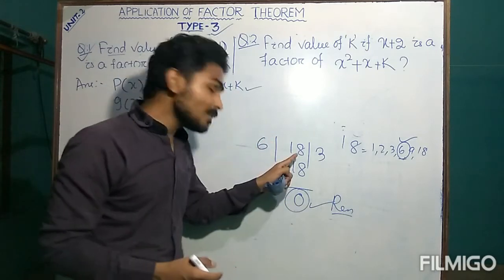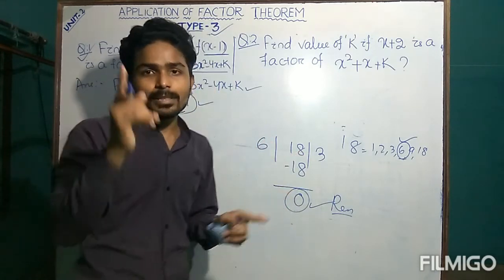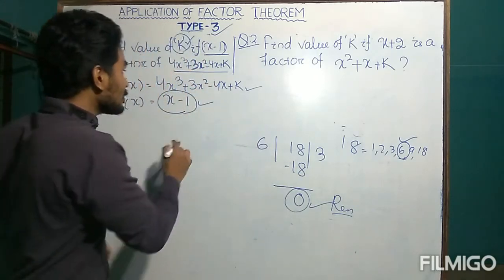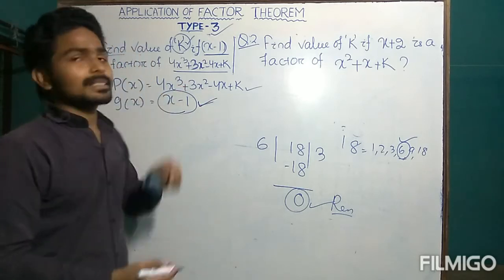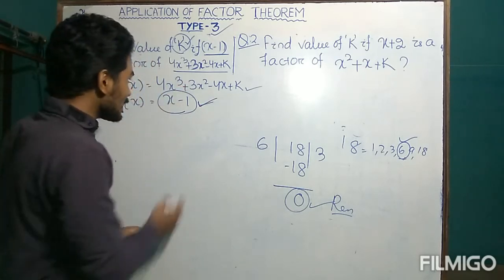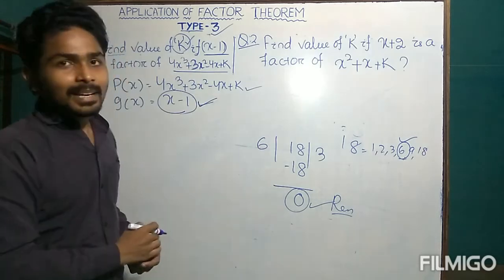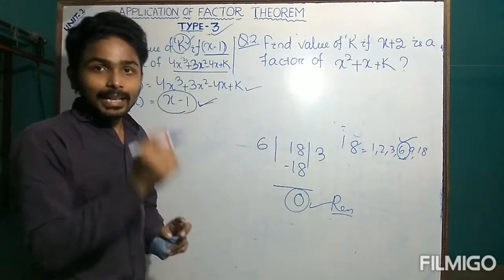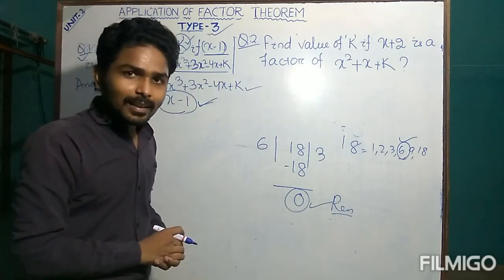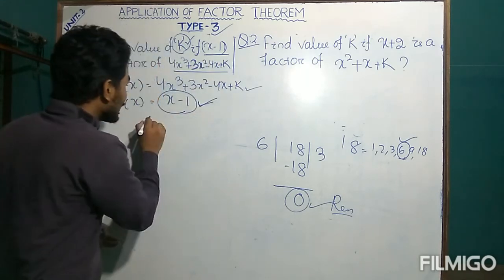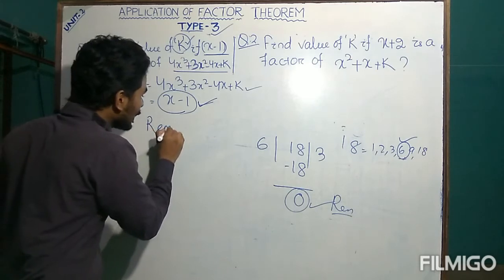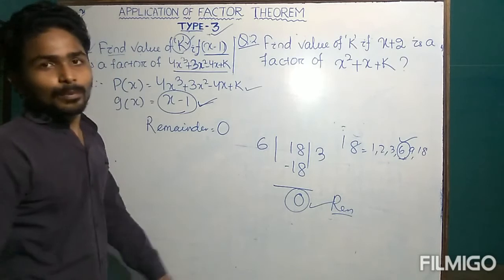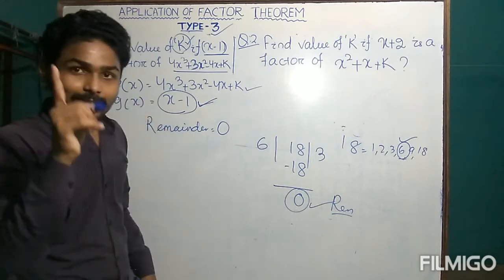And if it completely divides 18, it means the remainder must be 0. It is similar to this question. Here also this is a factor of this polynomial. That means since it is a factor, it completely divides the other polynomial. And if it completely divides the other polynomial, then we can say the remainder must be 0.